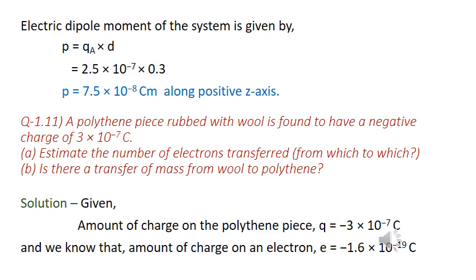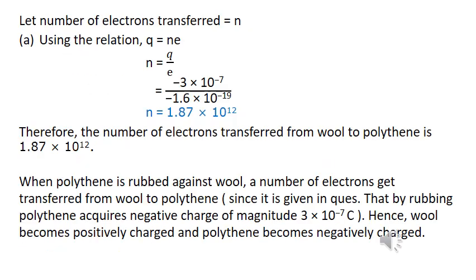So what is given in the question? Amount of charge on the polythene piece is equal to minus 3 into 10 to the power minus 7 coulomb, and we know that the amount of charge on an electron is minus 1.6 into 10 to the power minus 19 coulomb. Let us consider the number of electrons transferred is n.